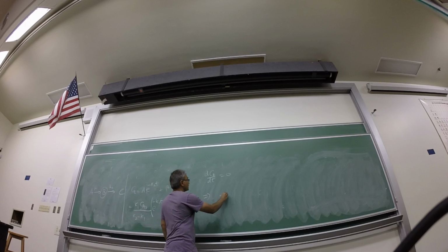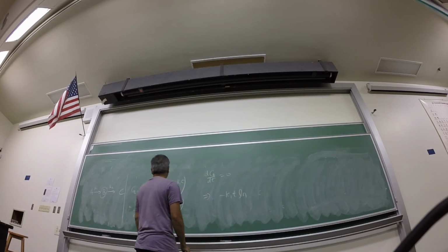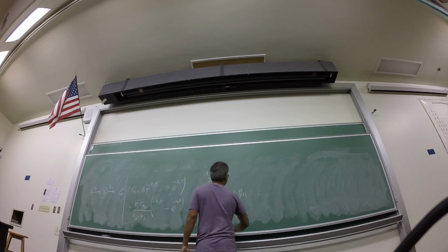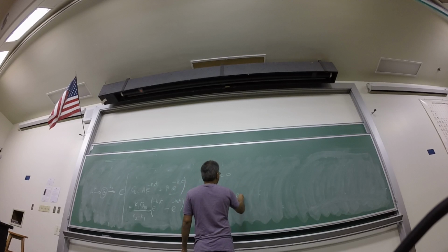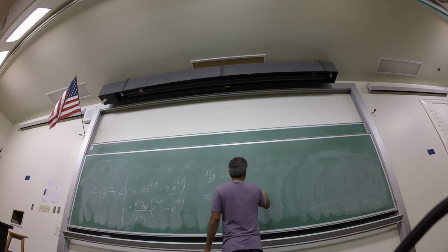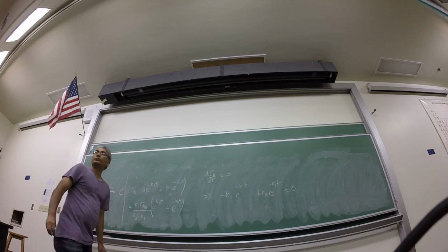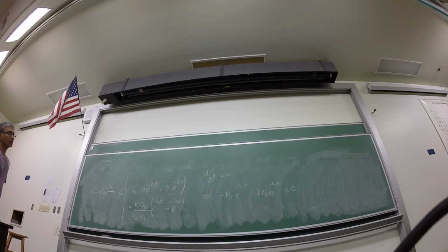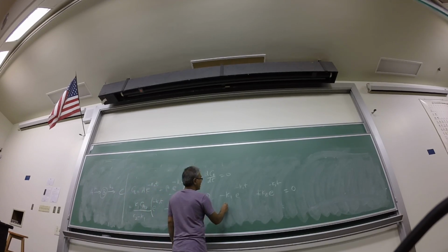So you get minus k1 e to the power minus k1t plus k2 e to the power minus k2t equals 0.